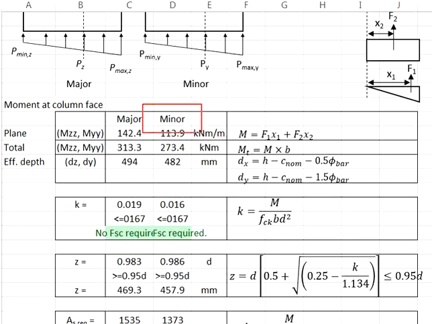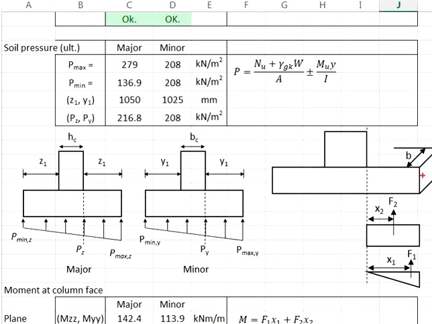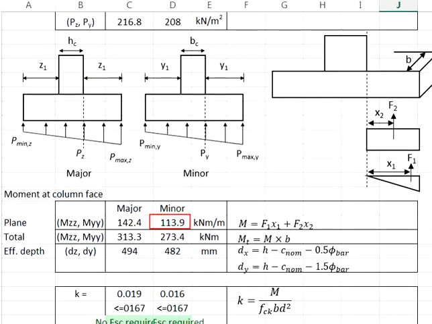As for the minor axis, we are looking at the pad footing from the other side. The soil pressure will be uniform throughout. And using the moment, you will need to multiply by the width of the pad footing.